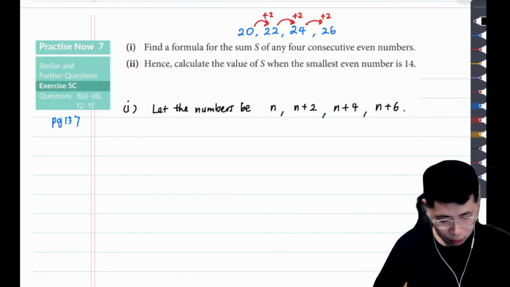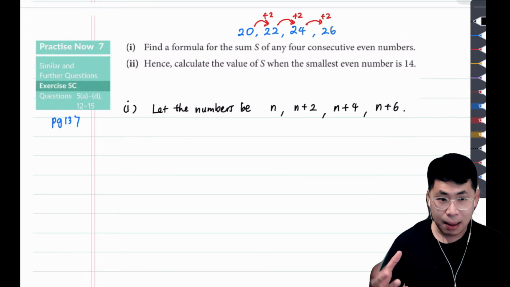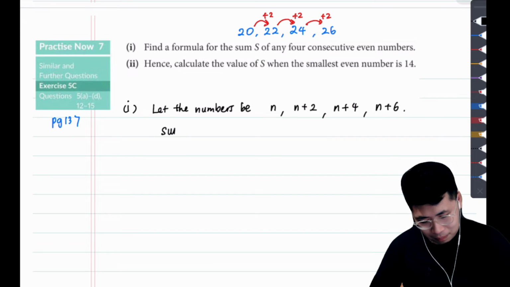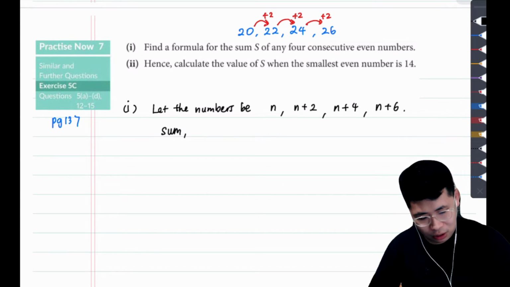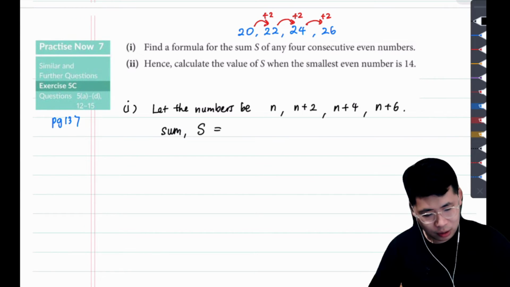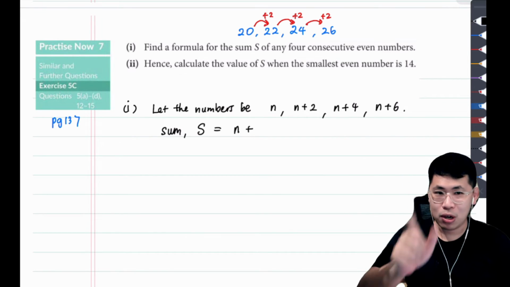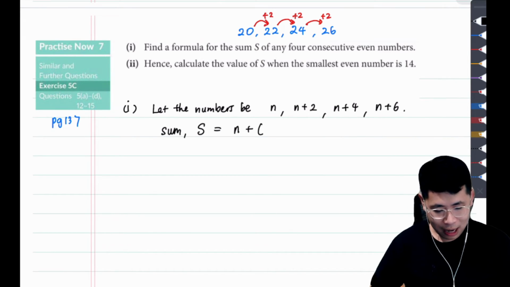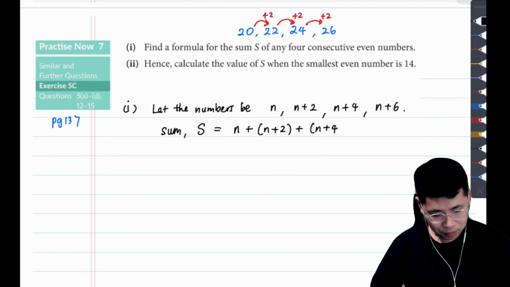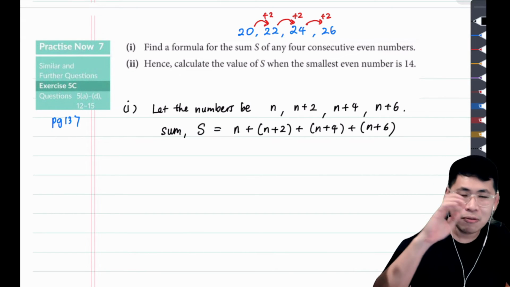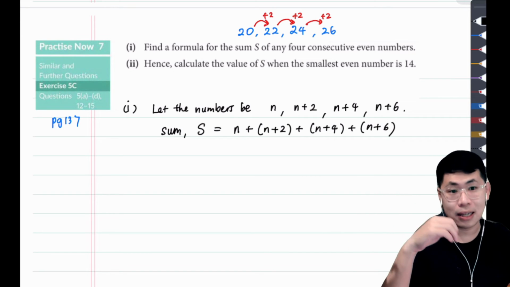Find the formula for the sum. Here sum means to add them together. So for the sum, we have the letter S, so we write S is equals to n plus, brackets are important, make sure to put your brackets, n plus 2 plus n plus 4 plus n plus 6. This is straightforward because we're just adding, but when you have minus, that is where things get complicated.